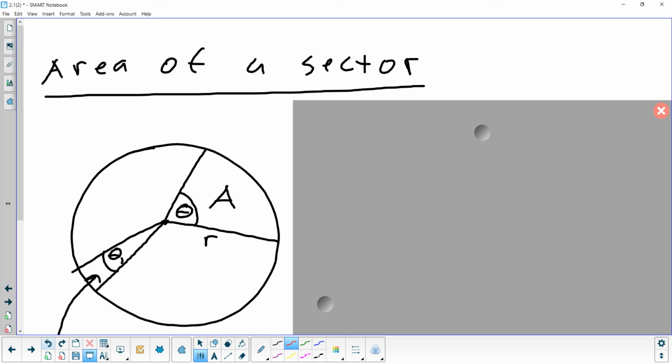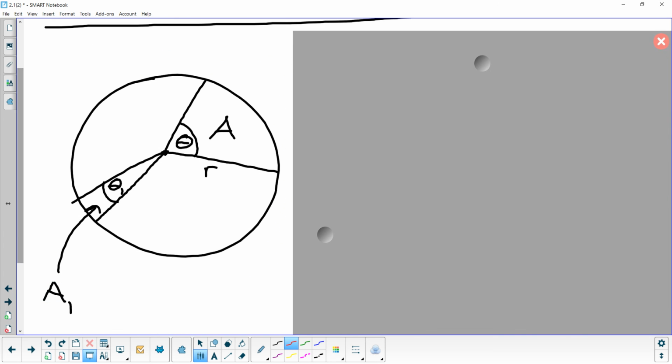I've got two angles. I called one angle theta. I called the other angle theta 1. And the area that's enclosed by the angle theta, I called that A. And the area that's enclosed by theta 1, this little spot here, I'm calling that area A1.